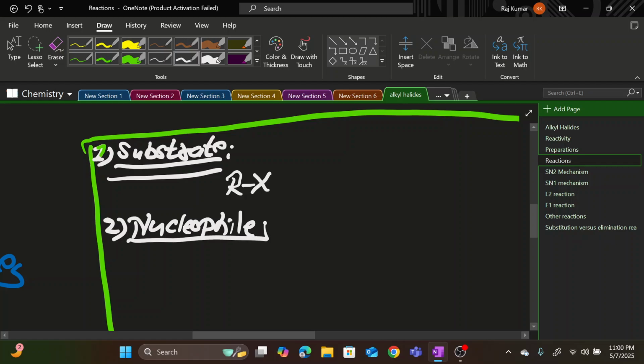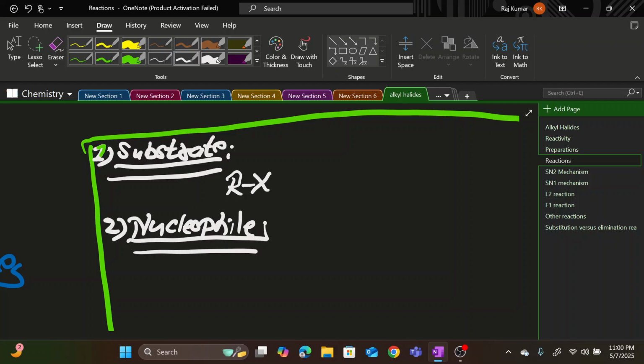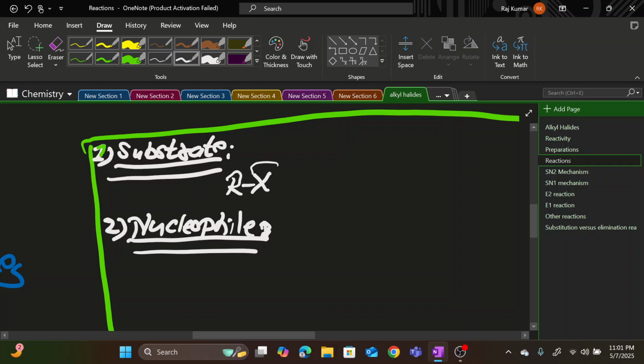The nucleophile is the incoming agent that attacks the substrate and replaces this group.